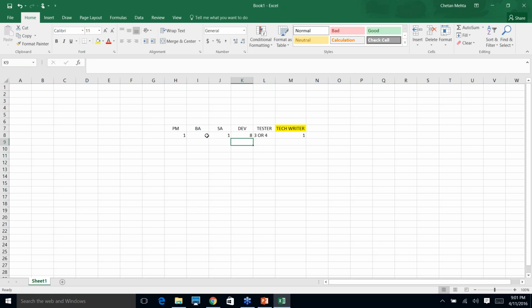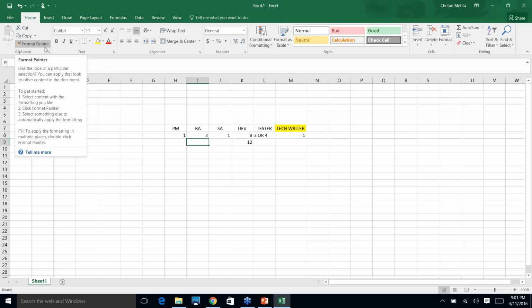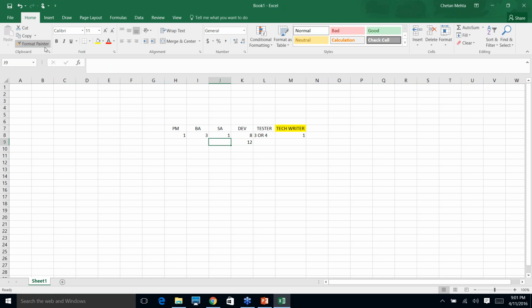Now, if I have a team of 12 developers, it depends on how good the BAs are, are they experienced, all those things will kick in. But you may have 3 to 4 BAs. You may have 2 solution architects. You may have like 5 to 6 testers.